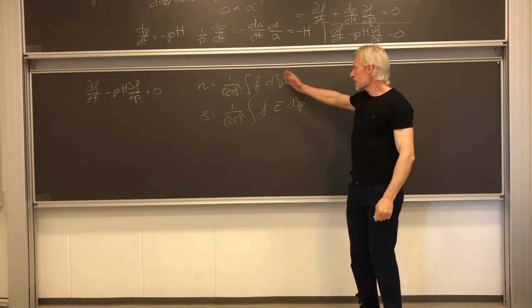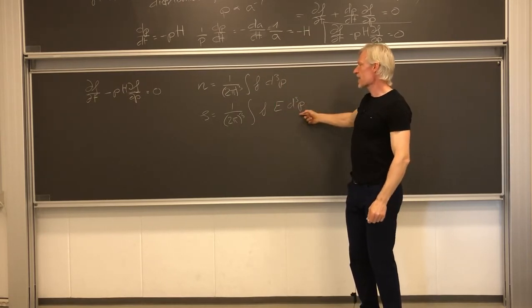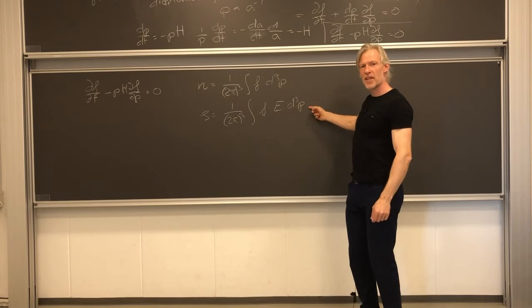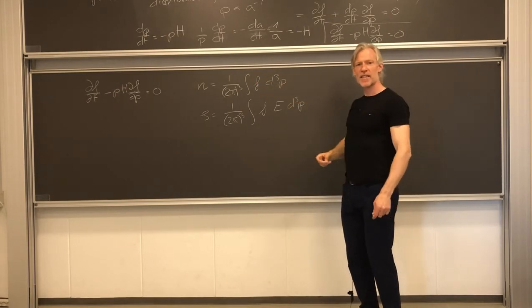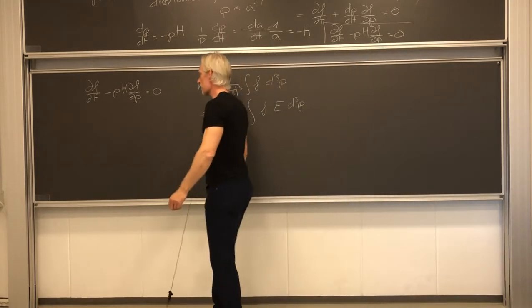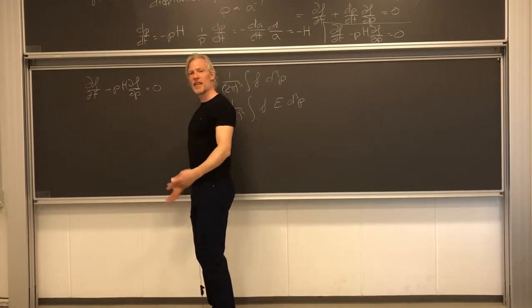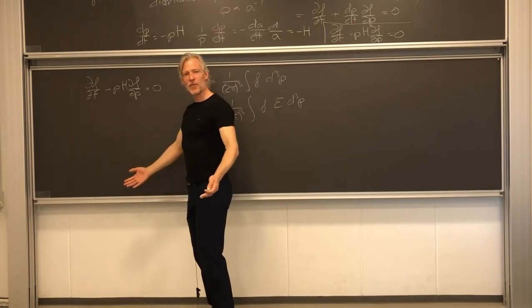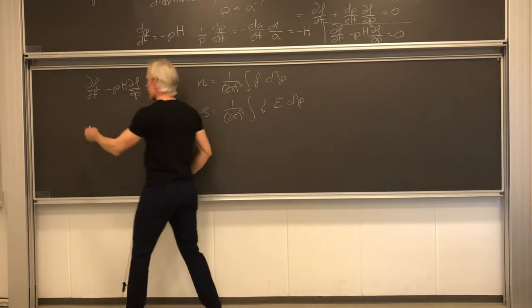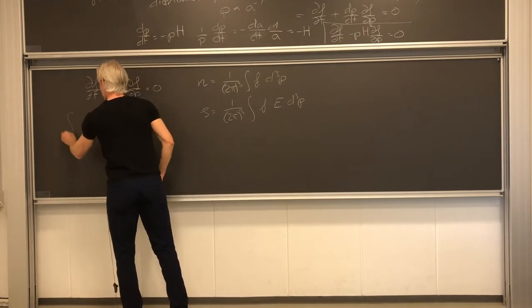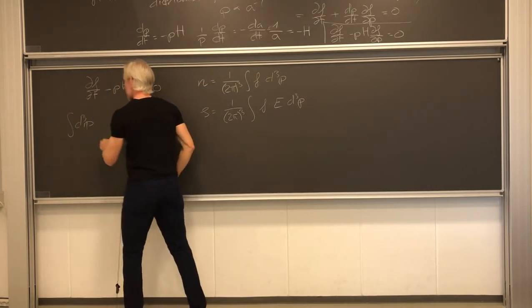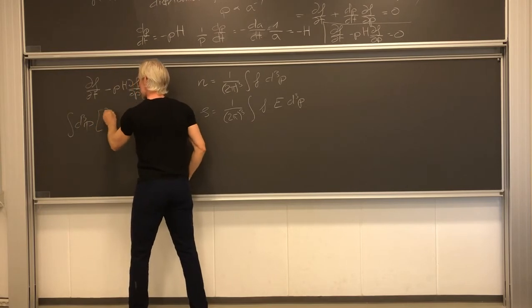So that means we can actually get conservation equations for this type of quantity by integrating that equation over momentum space. And the simplest possibility that we can do is the equation for number density. That's the very simplest possibility. So that would be this integral here of this equation.